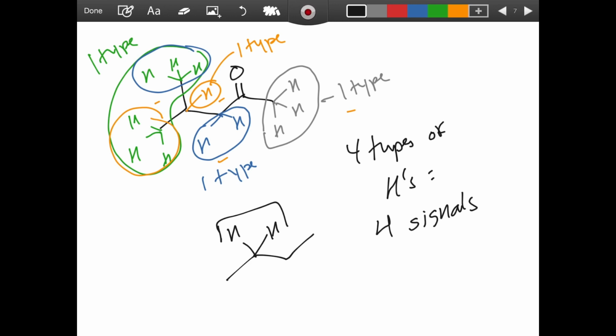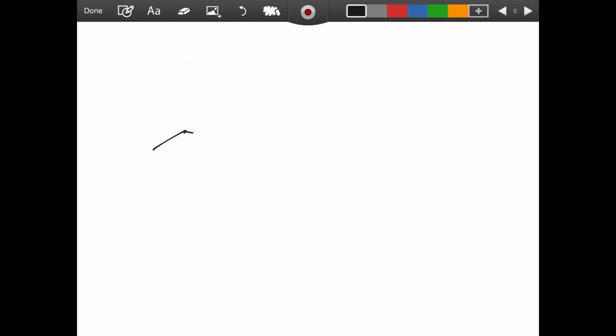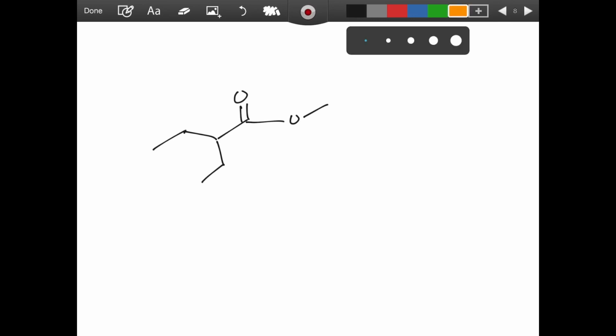All right. So another example of this is, let's say we have something like this, right? This CH3 is here. Then we're going to have this H here.